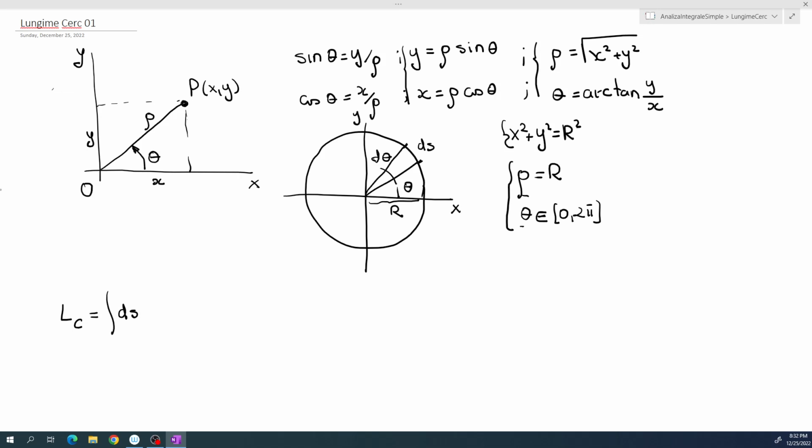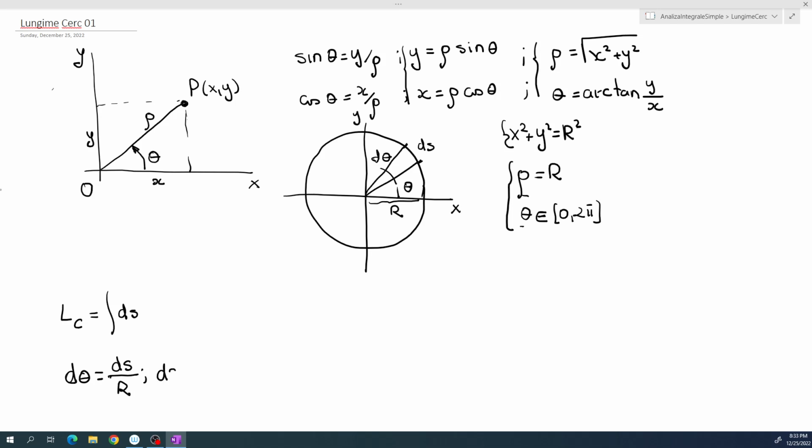The measure of an angle, d theta, is the length of the arc between the segments of the angle, divided by the radius, and in our case the radius is r.